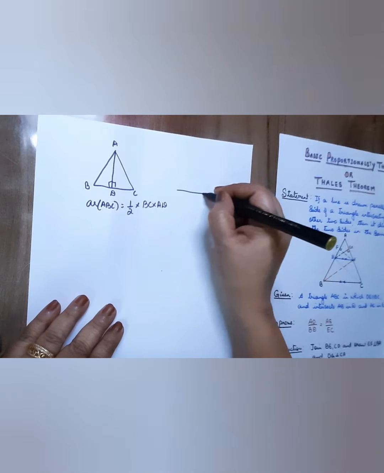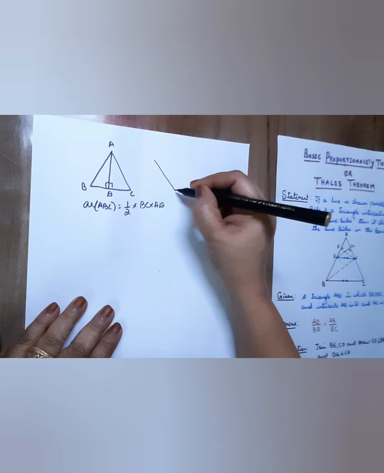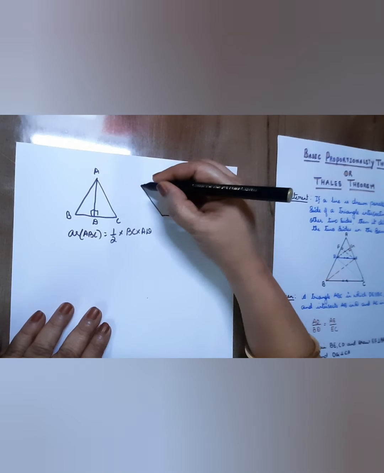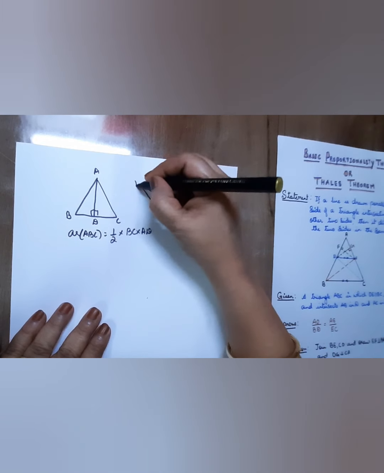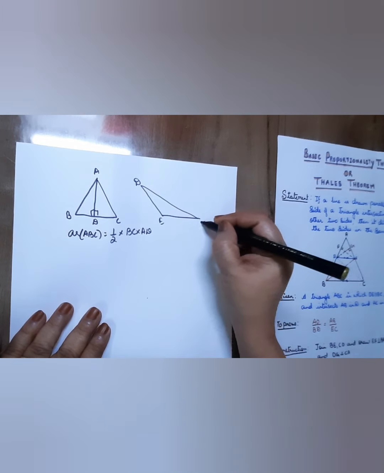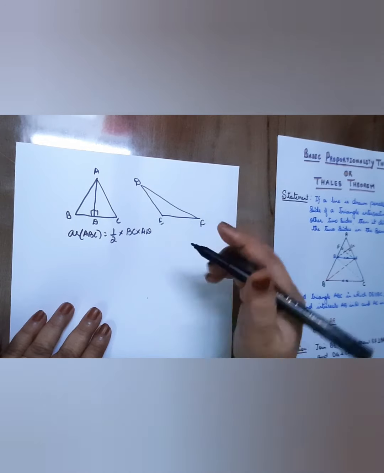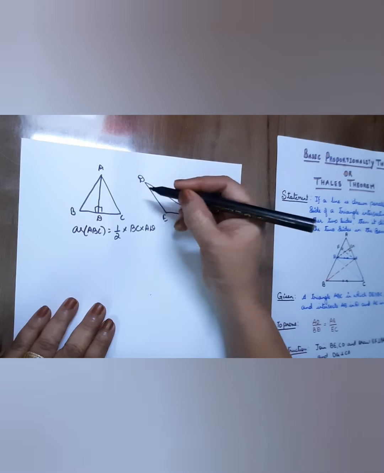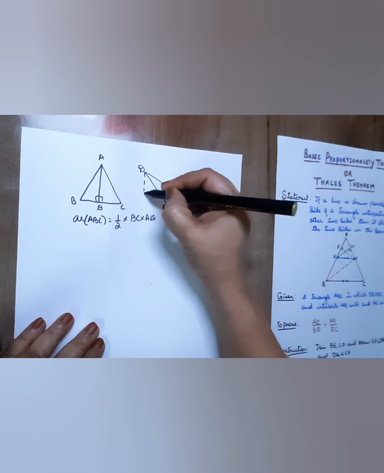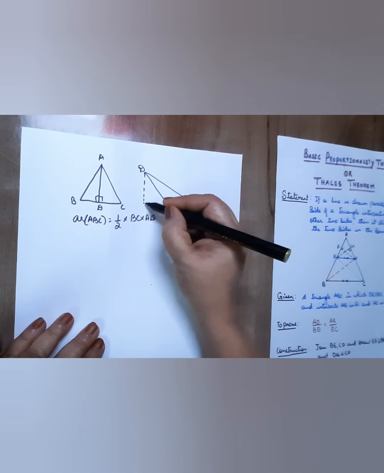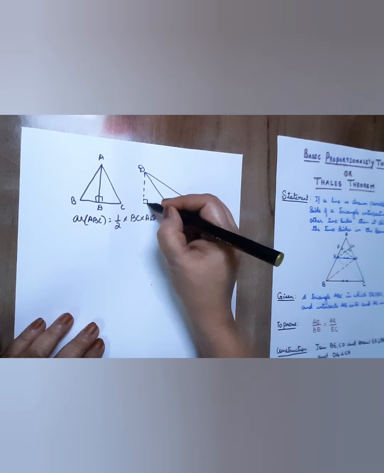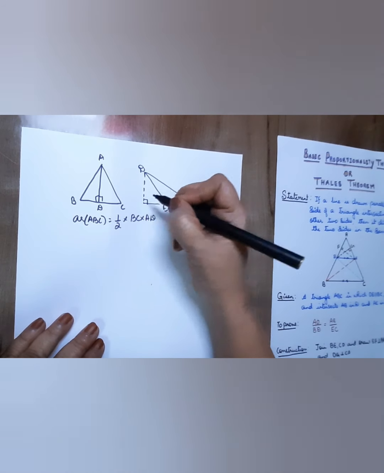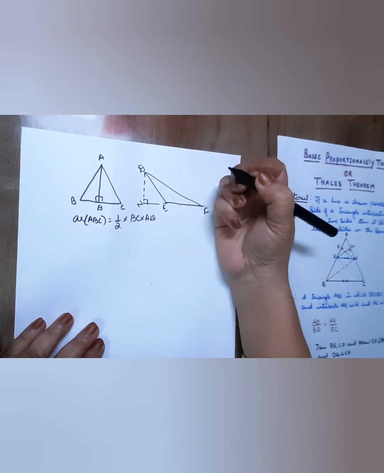Now in case of obtuse, I will take one more triangle here, that is an obtuse angle triangle, say D, E and F. In this case, the altitude cannot be drawn inside the triangle, so the altitude will be outside the triangle. We extend EF here, and take DN.